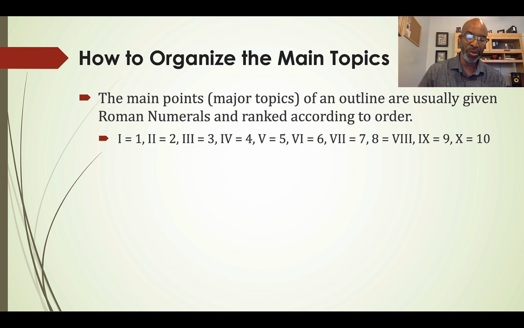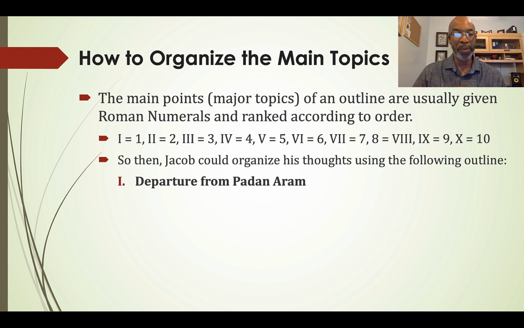Roman numeral 2 is your second major topic. Roman numeral 3 is your third, and so forth. Okay, so you have Roman numeral 8, 9, and 10, and so forth. So each of your major topics is going to be given a Roman numeral.